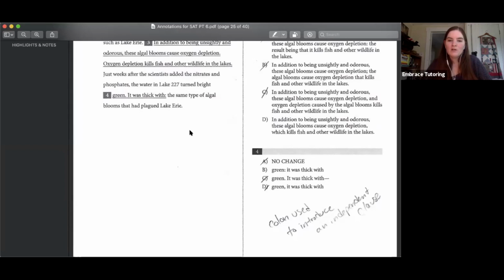So choice C just changes in that it replaces the colon at the end here with a horizontal bar. Or actually, in this case, it's an M dash here. So the M dash is the longer one.